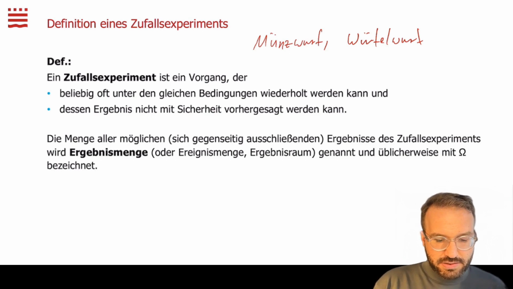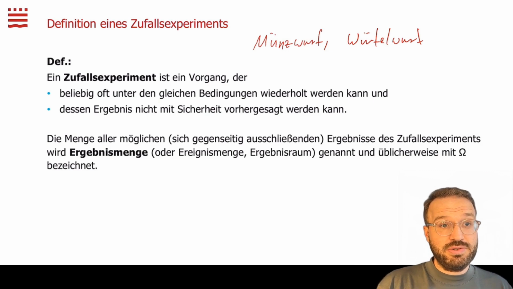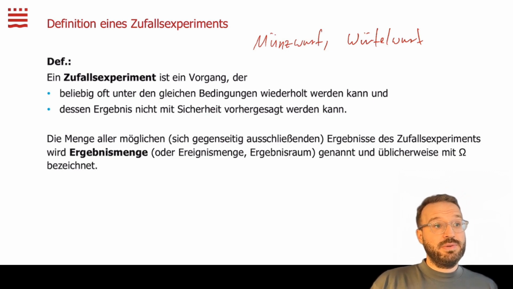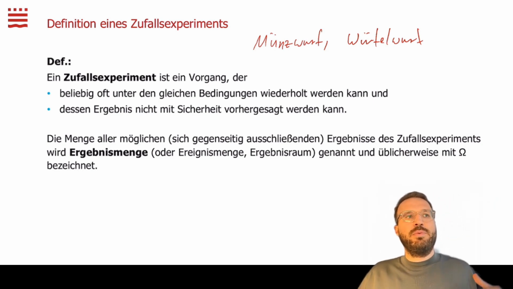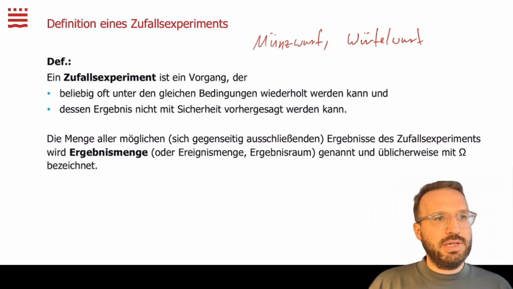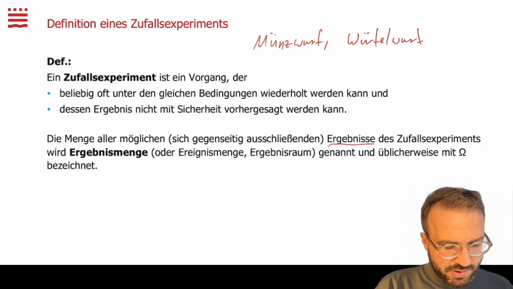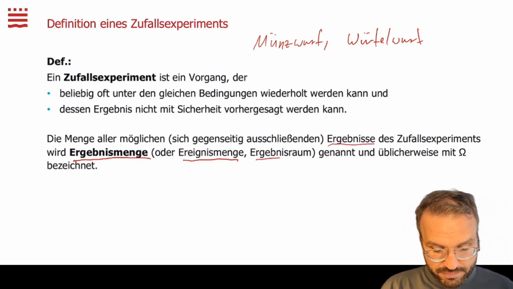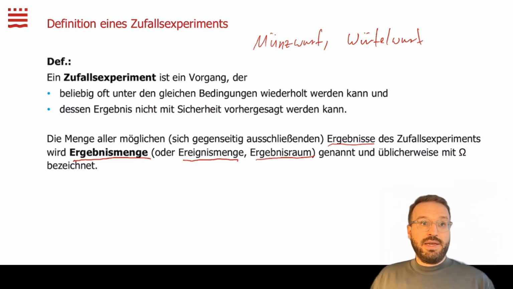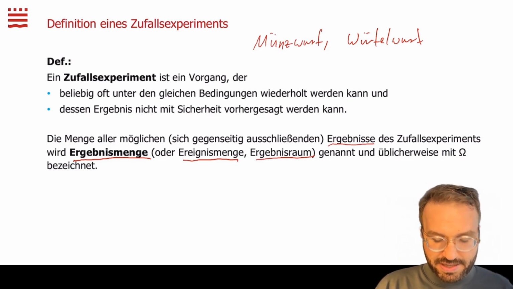Next, we want to discuss what outcomes can arise from such a random experiment. And the set, so we are talking a lot about set theory here, the set of all possible outcomes of the random experiment is called the sample space, or also outcome space, and we typically denote it by omega.